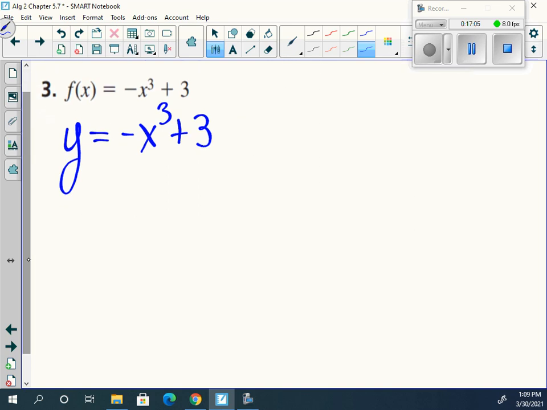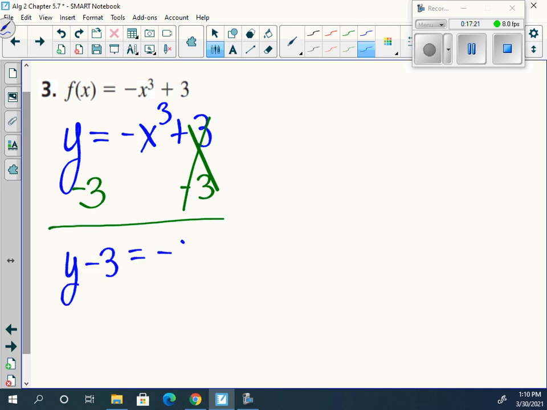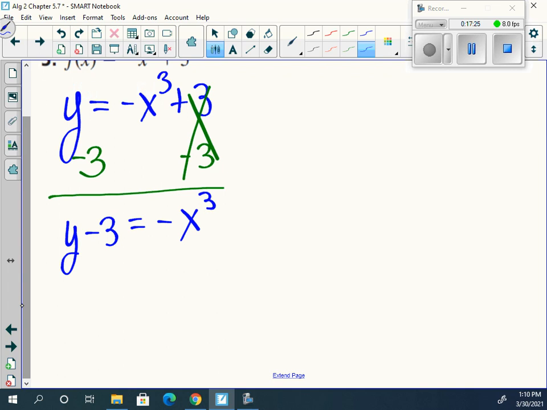Now, if we did go through and get x by itself, what would we do first? Subtract 3. Because these will cancel. Now, what can we do next? Yes.